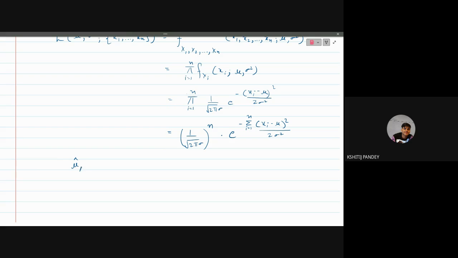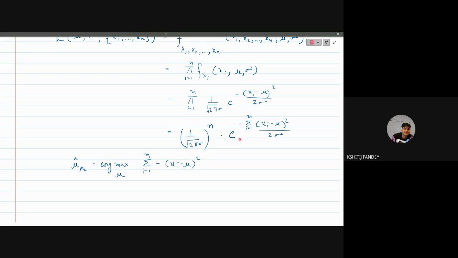The mu hat we get from maximum likelihood will be nothing but the argmax, the argument that maximizes this, summation i from 1 to n of minus xi minus mu whole square.